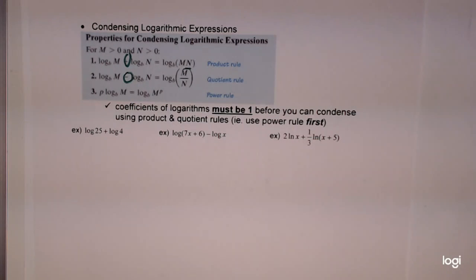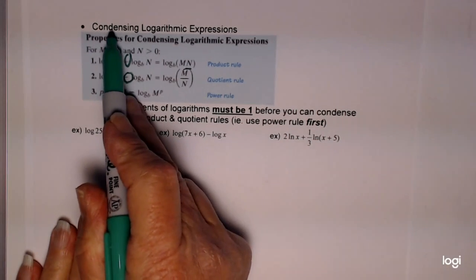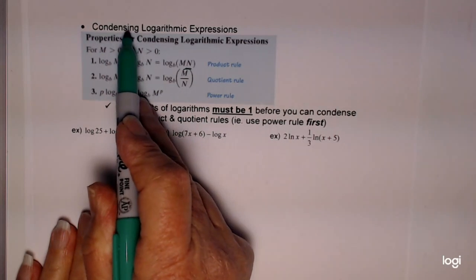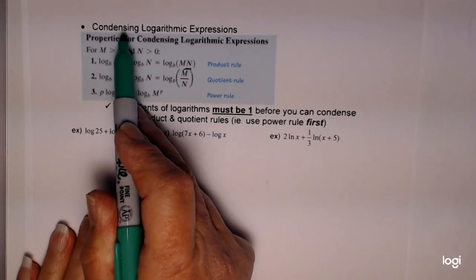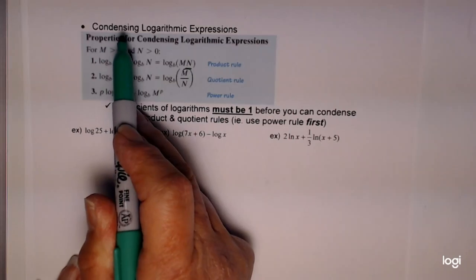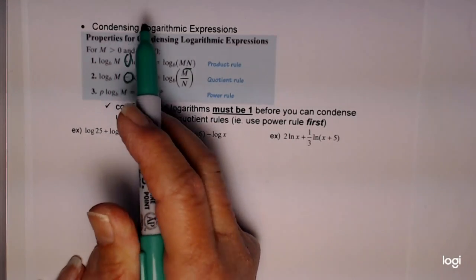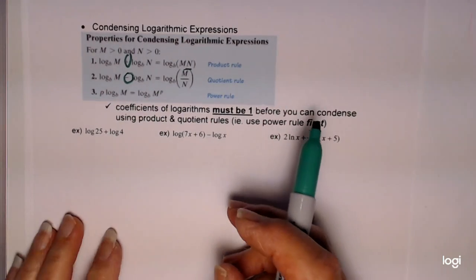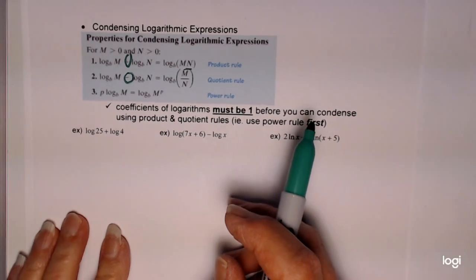So in class yesterday, we looked at using the properties of logarithms to take one log statement and break it up into multiple log statements. Now we're going to take a look at going in the opposite direction, or condensing logarithmic expressions, where we're going to take two or more independent log statements and put them together using the properties of logarithms.